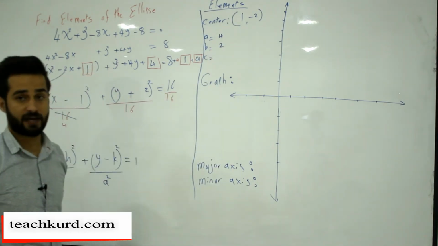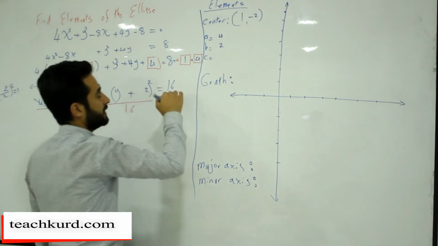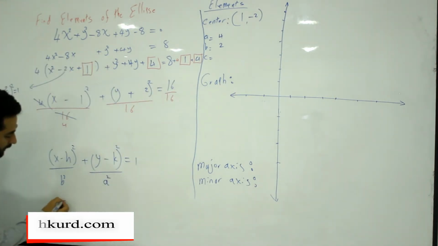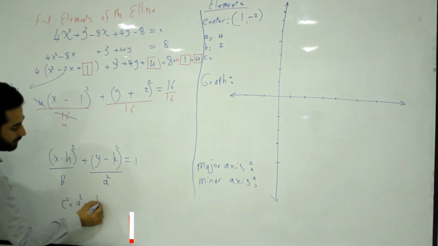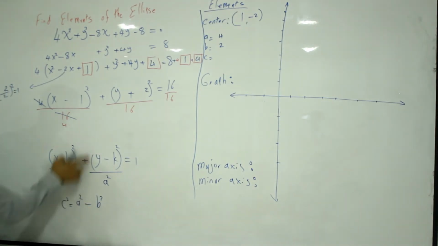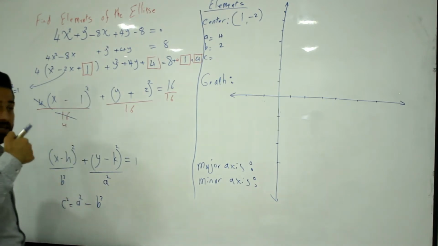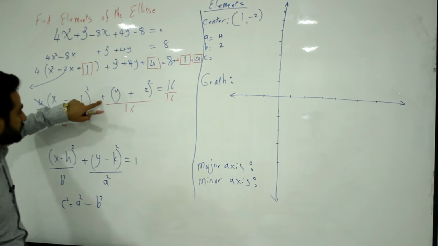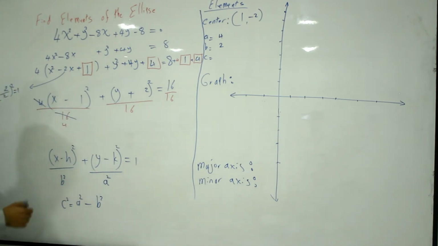c. How can I find c? We can find c by a and b. We can say c squared is equal to a squared minus b squared. Be careful, this sign and this sign are opposite, because we will take another rule. Here we have minus and here we have plus, okay, in hyperbola.